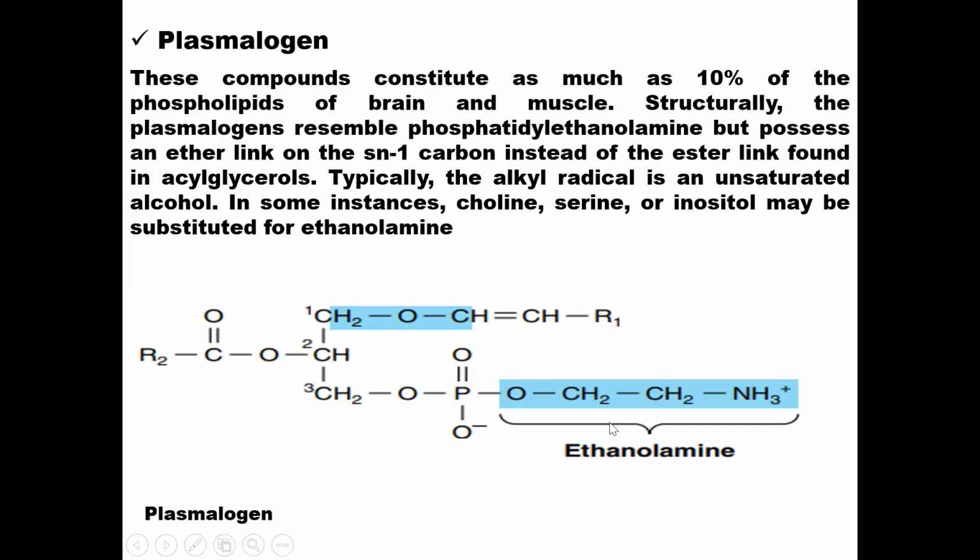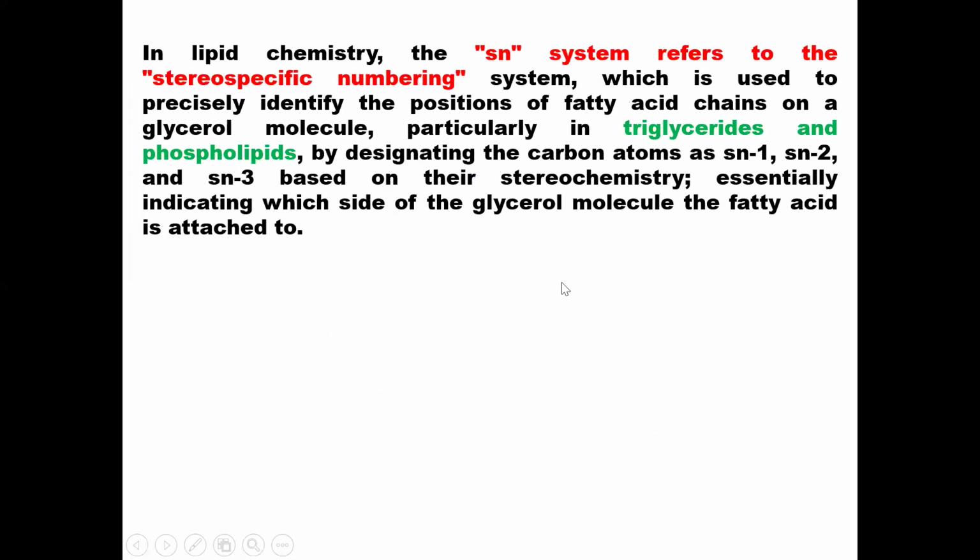So if you have ethanolamine here, and this is the alkyl radical, the unsaturated alcohol, this is the typical structure of plasmalogen. So what is the meaning of this SN1? This is stereospecific numbering, and we are going to explain it.